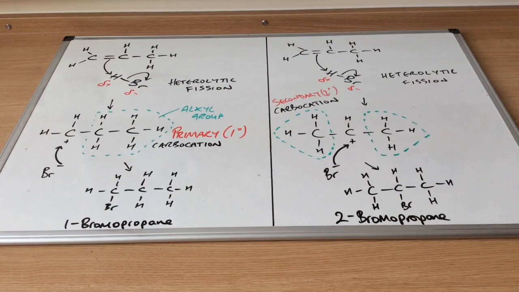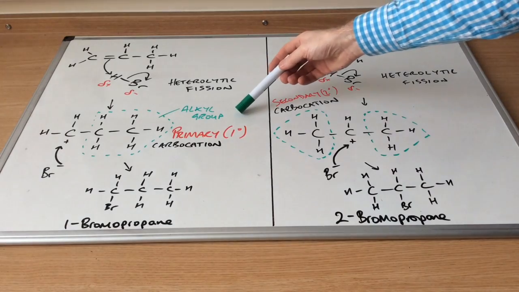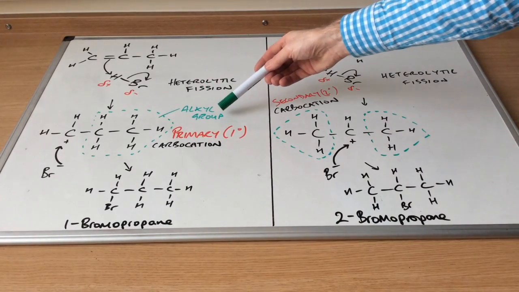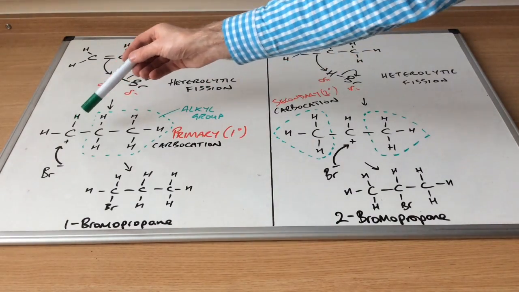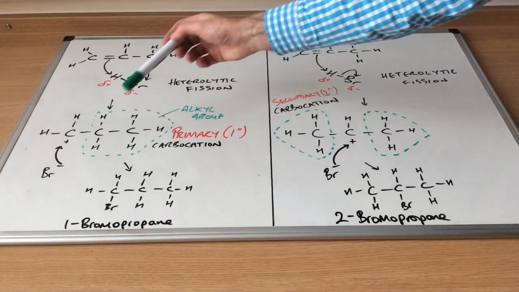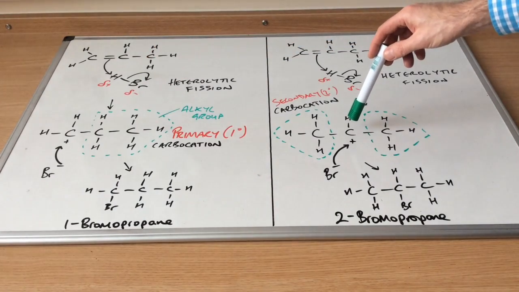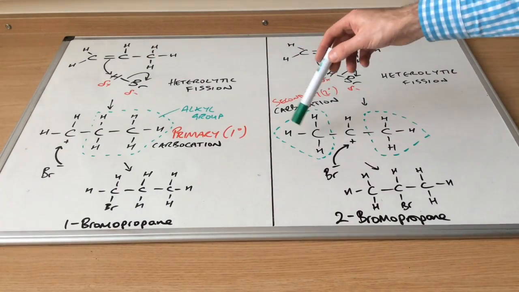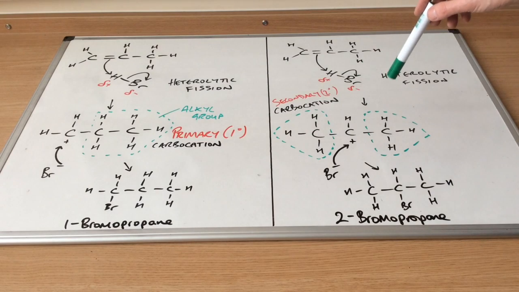And now for the next bit of information, you can see I've put some green dotted lines around the alkyl groups that are directly attached to the carbons with the positive charge. In the primary carbocation we have one alkyl group attached to this carbon, an ethyl group, whereas in the secondary carbocation we have two alkyl groups attached, and these are both methyl groups.